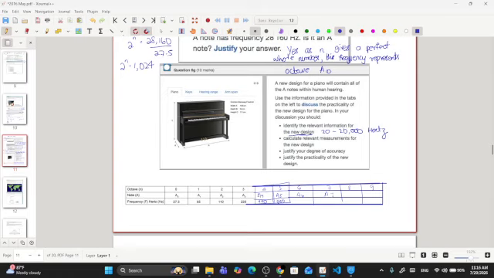A6, A7, A8, A9. This becomes 1760. Then we have 3520. Then if you were to multiply that by 2, we get 7040. And then if you were to multiply that by 2, we get 14,080.